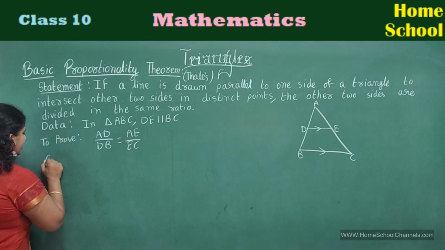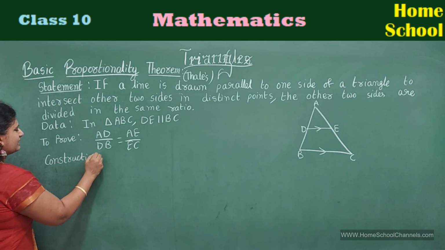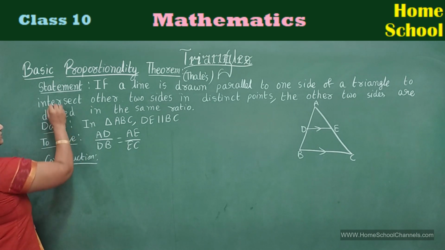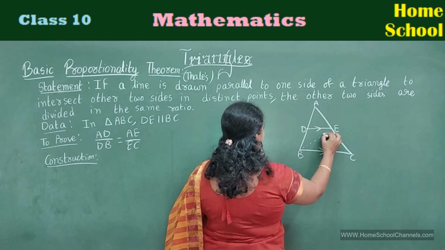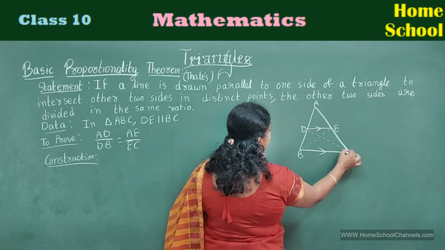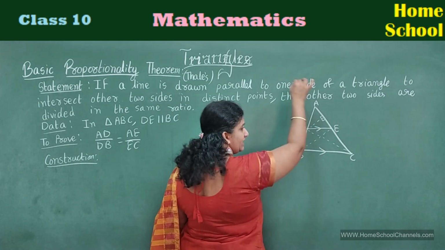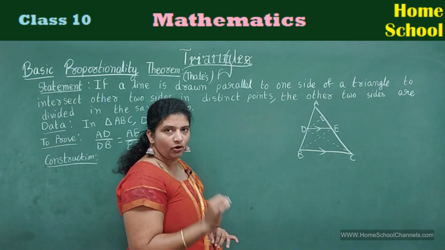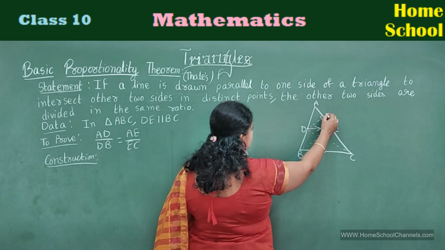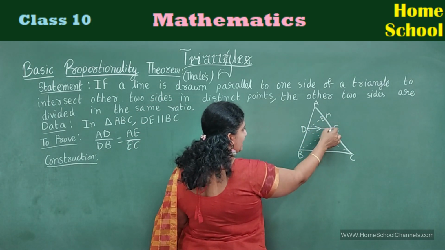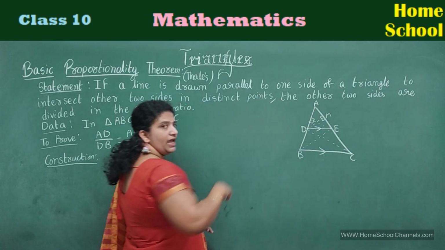Next, construction. We need to do a little construction. What is that? Join BE, join DC and draw a perpendicular on line AC. From point D, draw a perpendicular to AC. Let me mark this letter M, and from point E, draw a perpendicular to line AB.